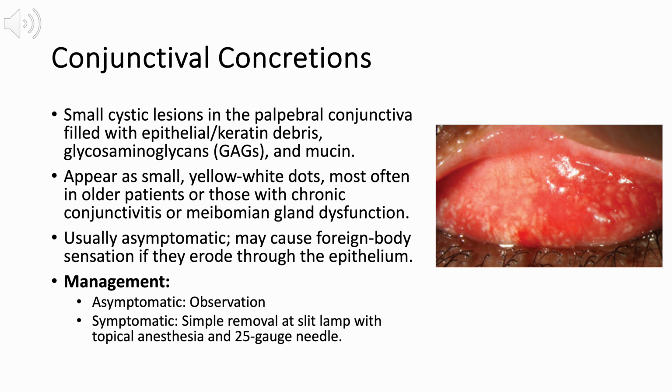These lesions are usually asymptomatic, but if they erode through the epithelium, they can cause a foreign body sensation. Management depends on symptoms. Asymptomatic lesions are observed, while symptomatic ones can be simply removed at the slit lamp under topical anesthesia using a 25-gauge needle. The accompanying image shows multiple yellow-white concretions on the inner eyelid, consistent with the described appearance.